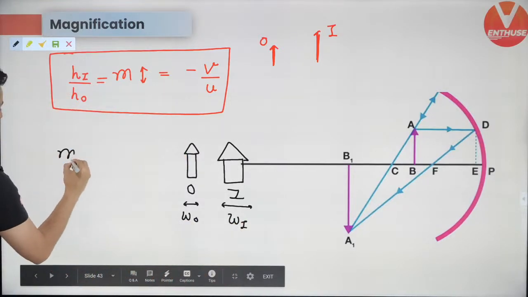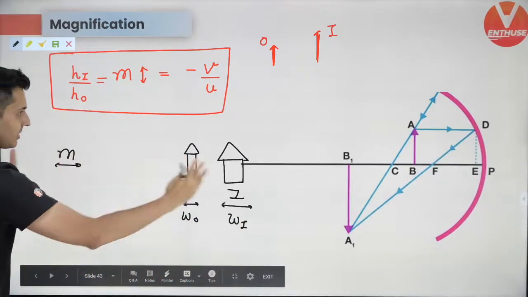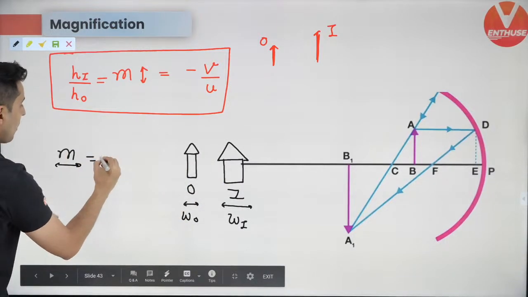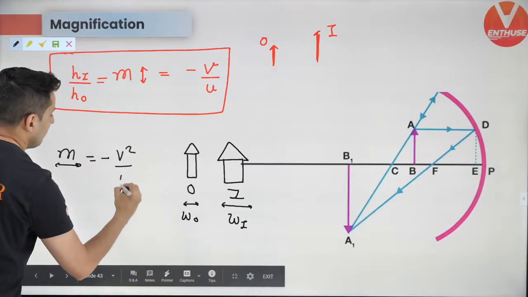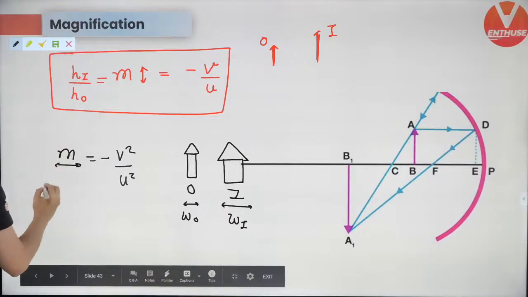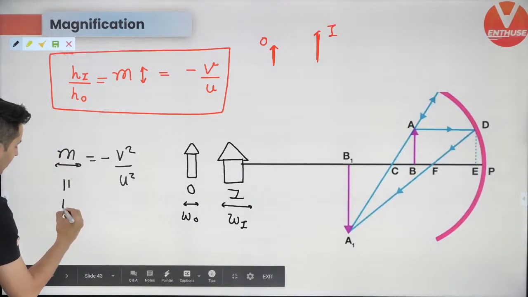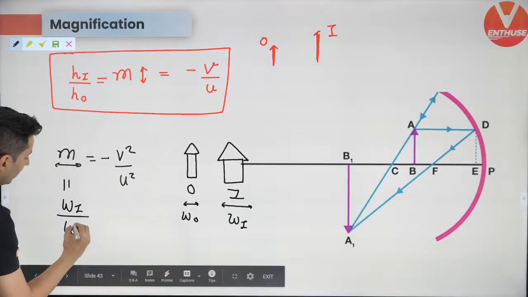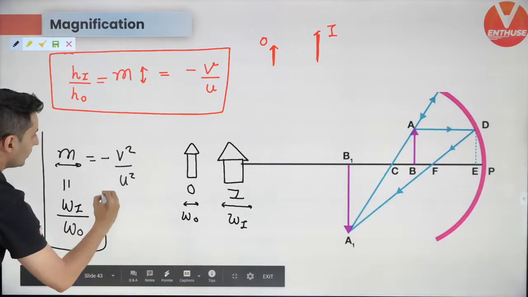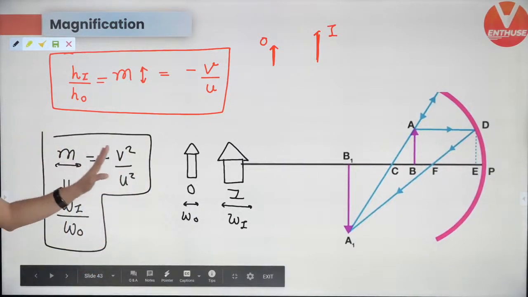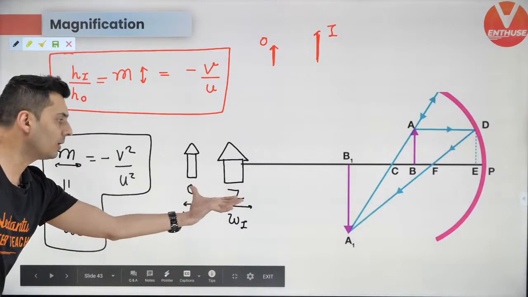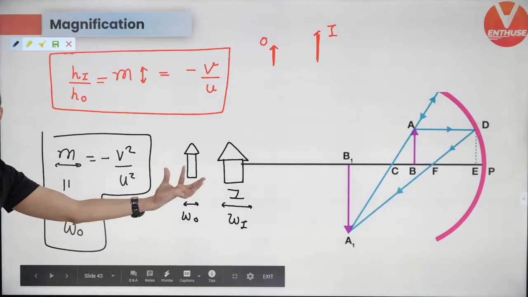So this kind of magnification which happens along the width is -v square by u square. And this magnification is nothing but the image width upon the object width. You should remember this as well. -v square by u square along the principal axis.